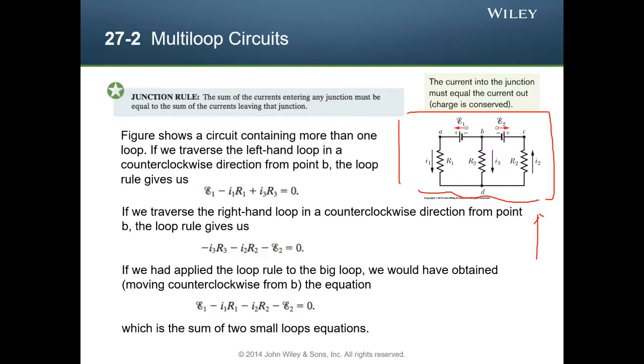And you can rewrite it into a matrix with R1 plus R3, R2 plus R3, minus R3, minus R3, times I1, I2, equals minus V1, V2. You can rearrange the terms and you can get this.